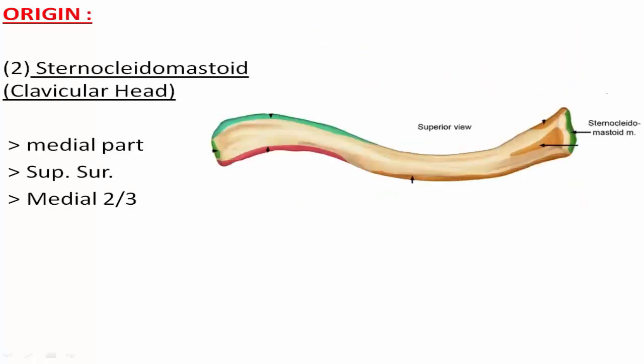Next muscle is sternocleidomastoid, clavicular head. As we have discussed in bone anatomy, the superior surface is divided into two parts, medial rough and lateral smooth part. The medial rough part of superior surface of medial two-third gives origin to sternocleidomastoid muscle, clavicular head.